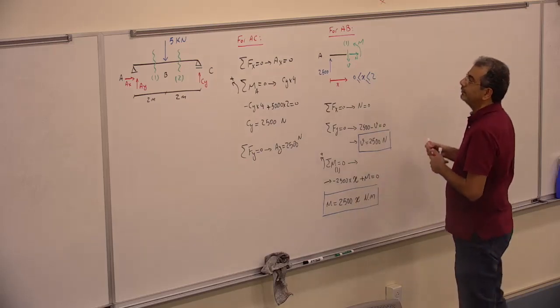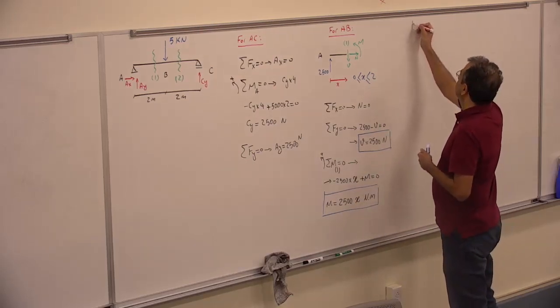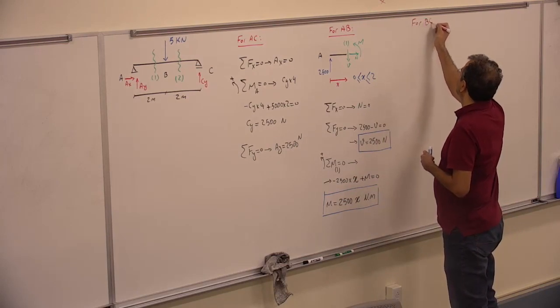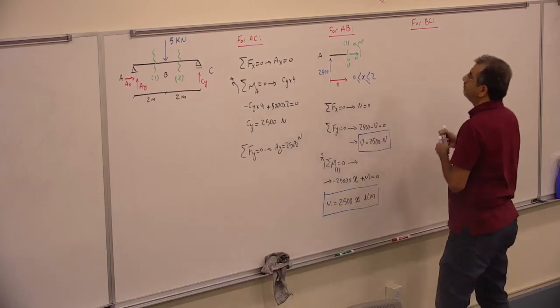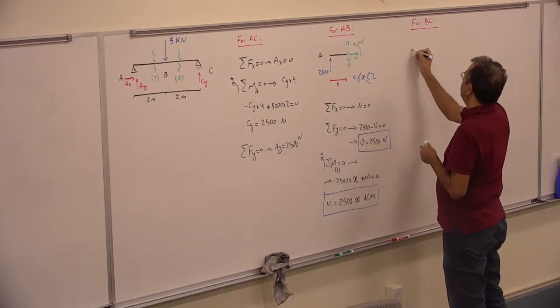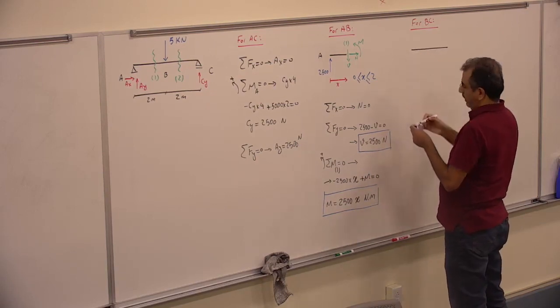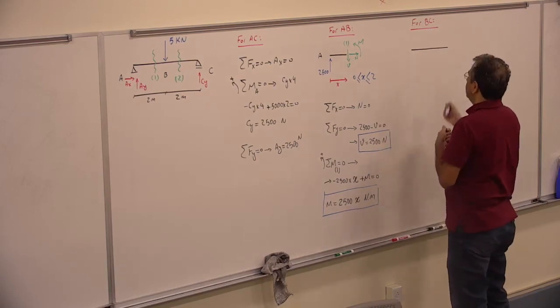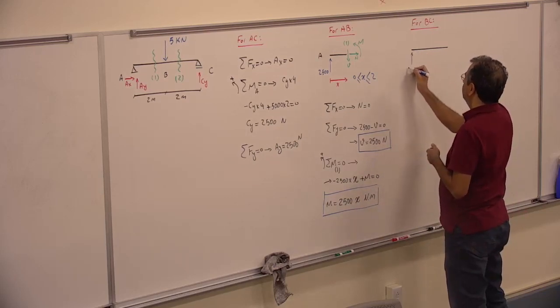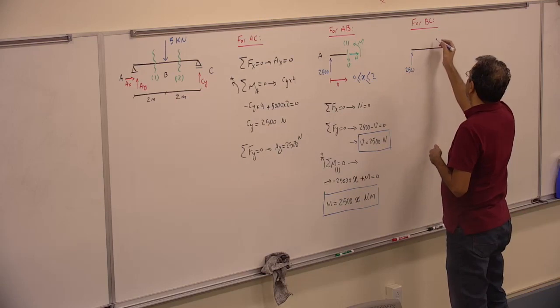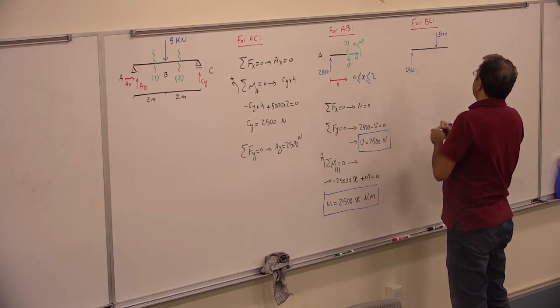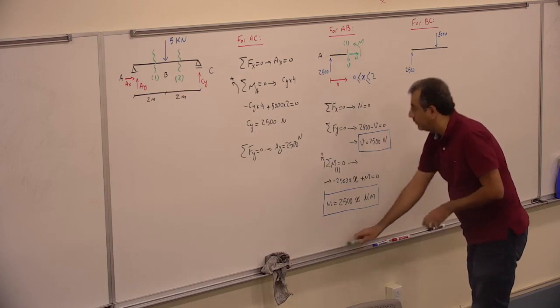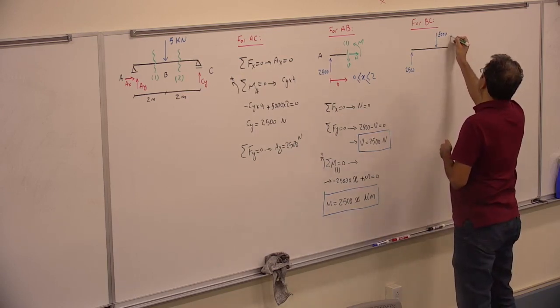So for BC, I have 2500 here, and I have 5000 here. So this is the section 2.